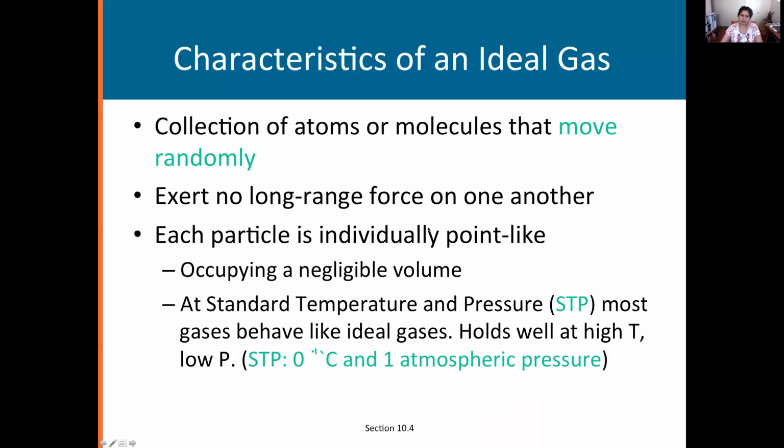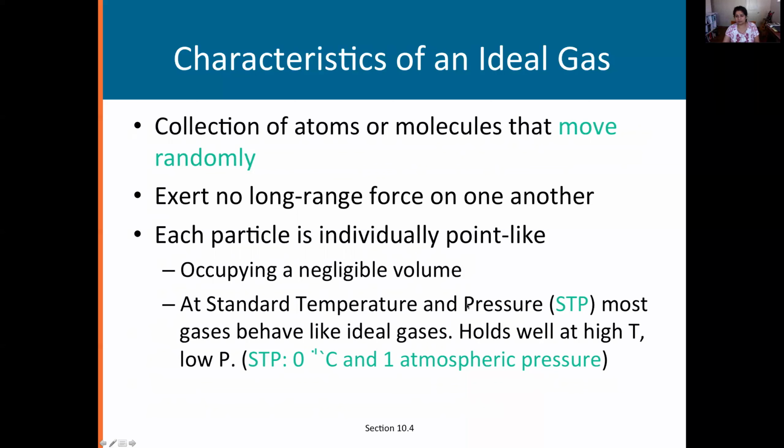And these conditions are actually not too bad to apply to a real gas at standard temperature and pressure. We call that STP. So what is standard temperature and pressure? Standard temperature is like 0 degrees Celsius. Okay, so freezing point of water. And standard pressure is 1 atmosphere. Remember, we're all under 1 atmosphere pressure all the time.